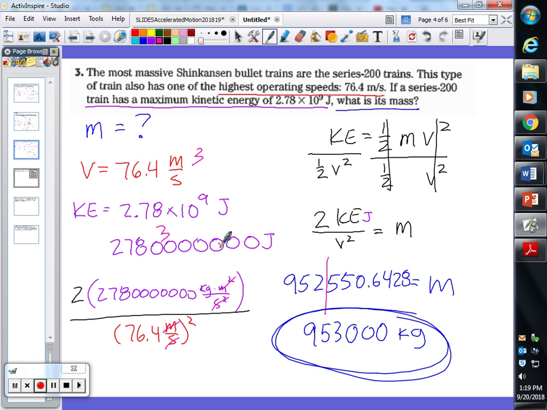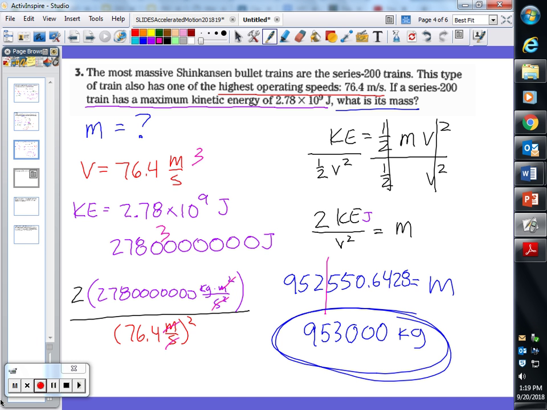The way it works out, if you have your energy in joules, your masses in kilograms, and your speeds in meters per second, the units will always cancel out to give you what you're supposed to have. So in this case, you had a speed and a kinetic energy, and the units canceled out to give you kilograms because you were looking for mass, and that's what mass is supposed to be measured in.